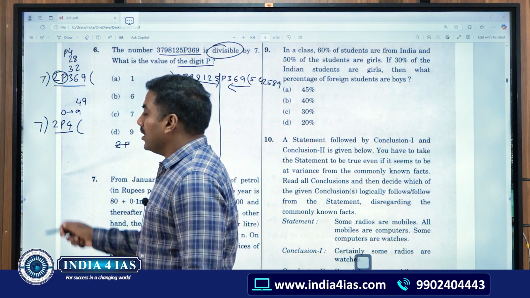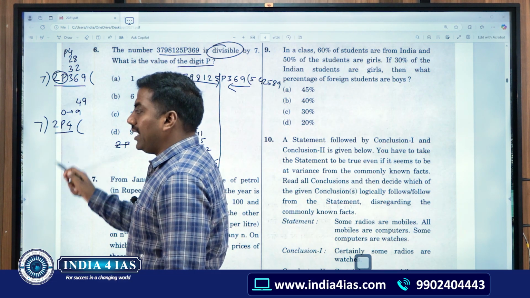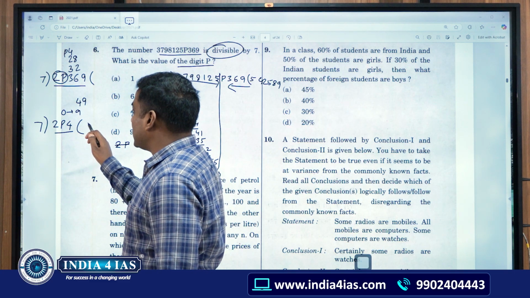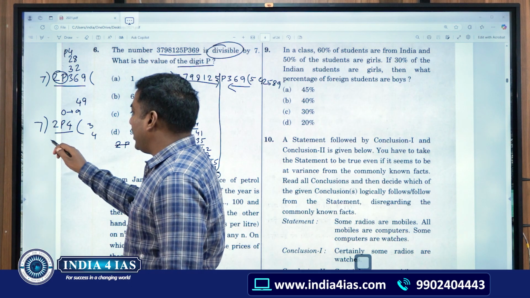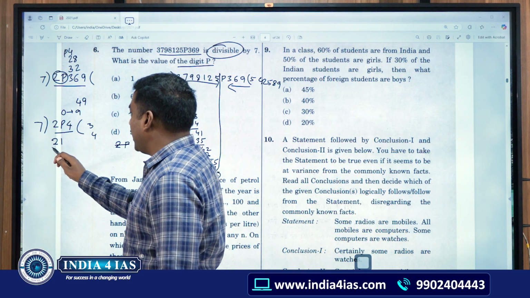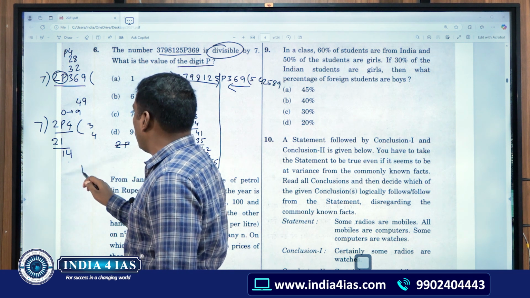Let me see. When it is 2p, it is from 20 to 29. So 7 3s and 7 4s are applicable. Let's say 7 3s are 21. Now I need 14 here. So P is equal to 2.